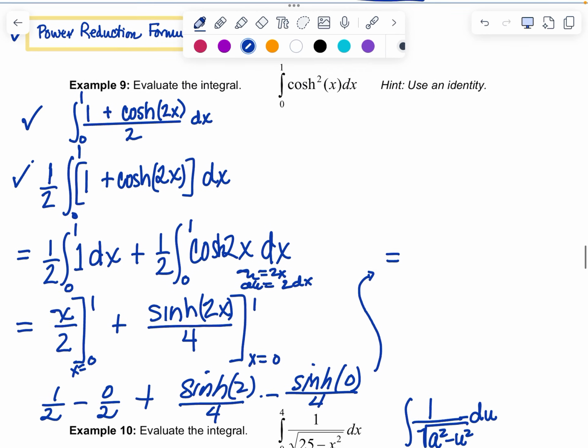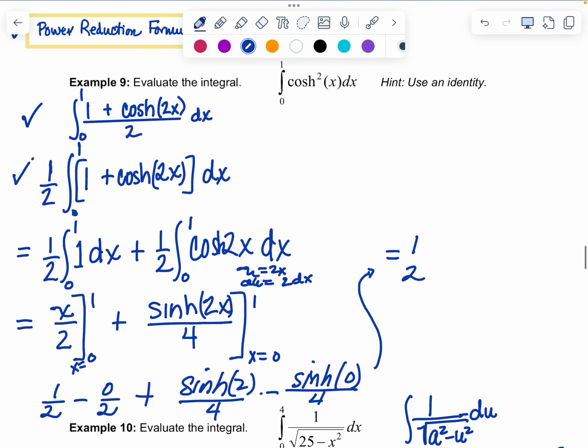So our integral that you see up above is equal to 1/2, and that's in the beginning here. And then plus 0, that's gone. This is gone. So you have 1/2 plus, what do we have there? Did I forget something? Sinh of 2 over 4, maybe? I think sinh of 2 over 4.